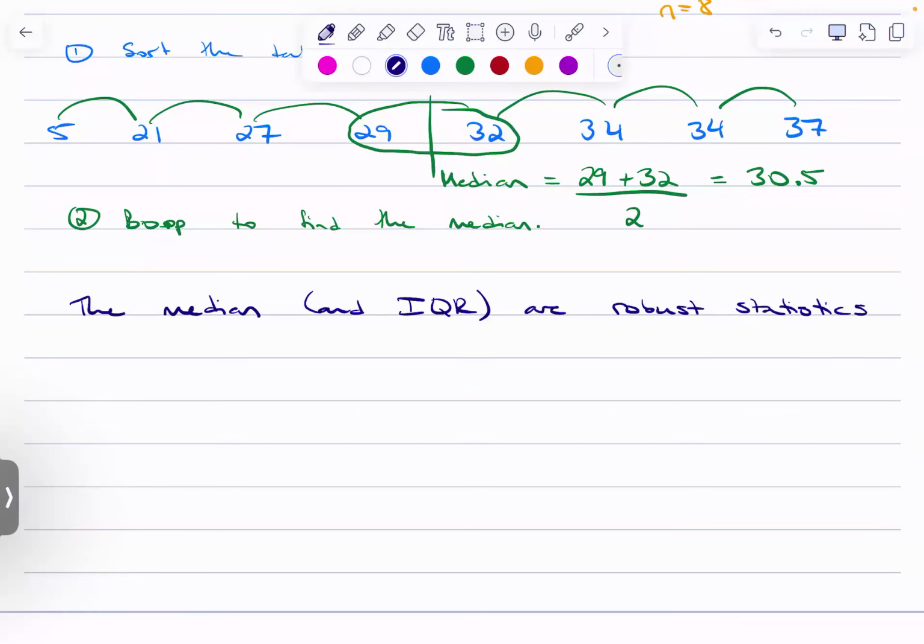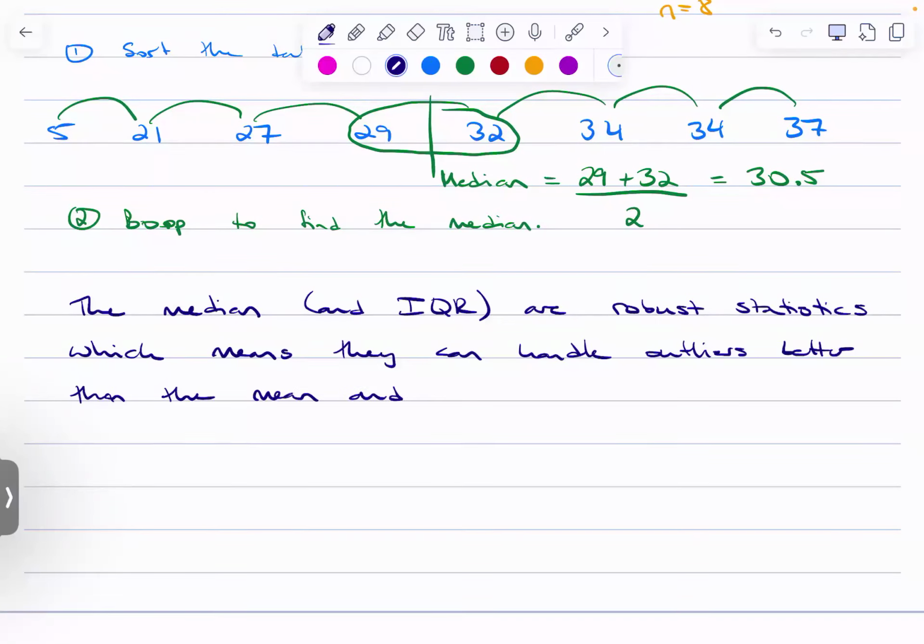They can handle outliers better than the mean and the standard deviation.